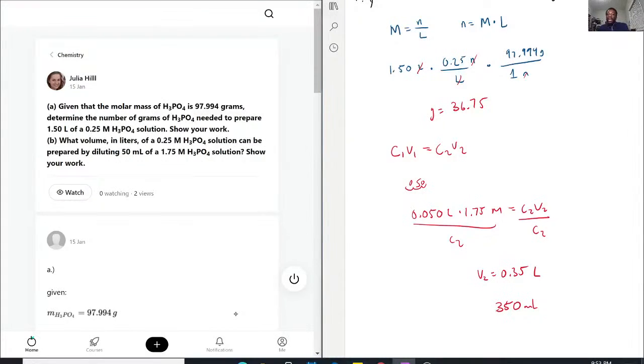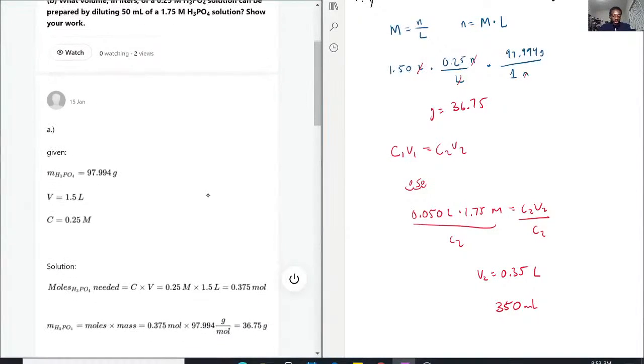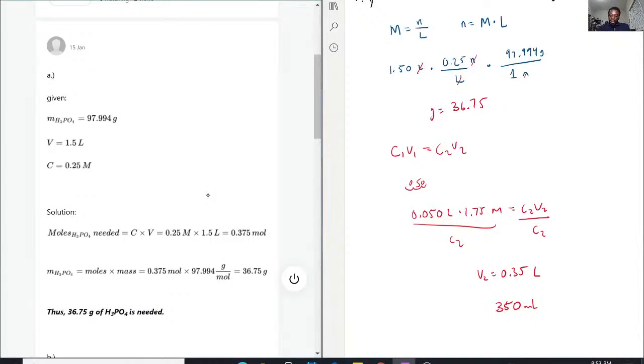Let's compare with our colleague here. We have 97.994, and they're able to do that to get the 36.75 grams. So that is perfect. That's what we're looking for.